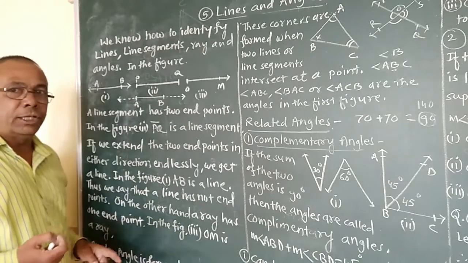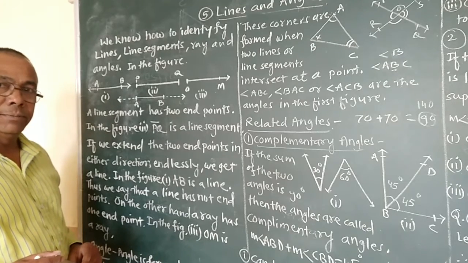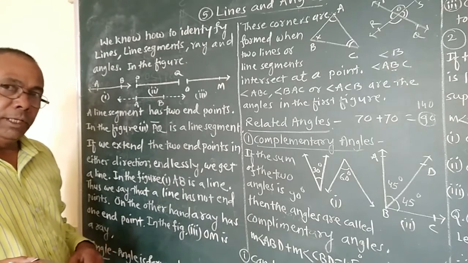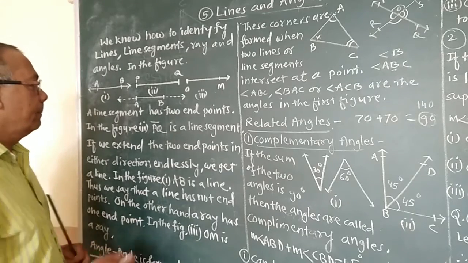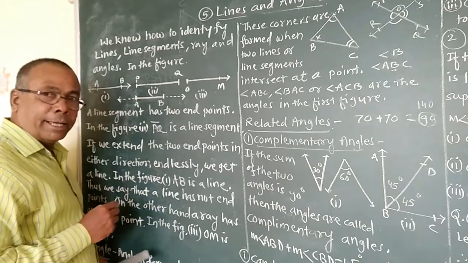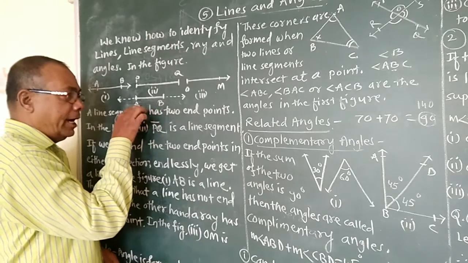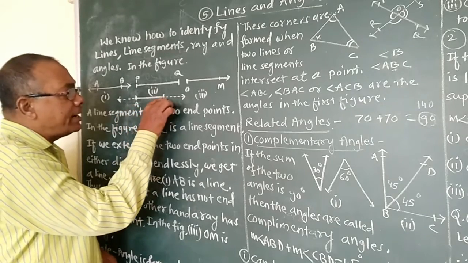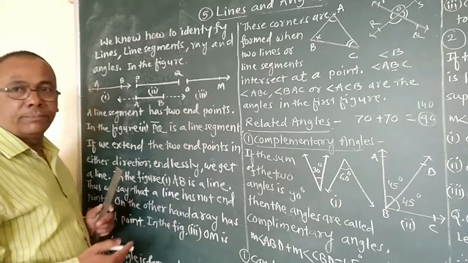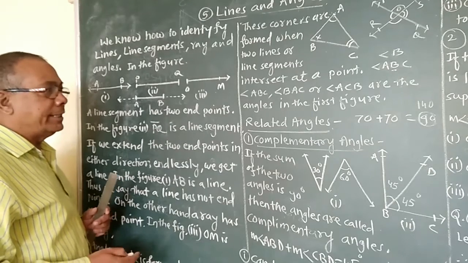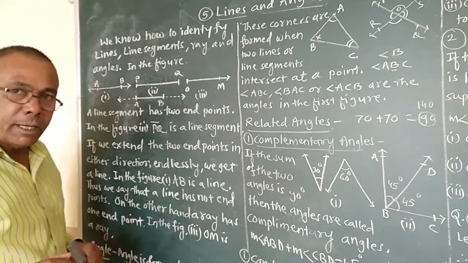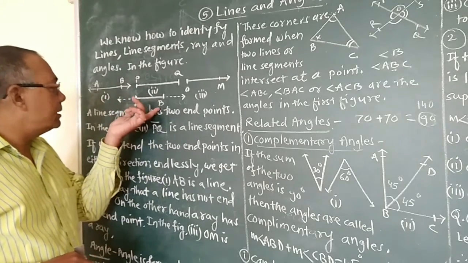If we extend the two endpoints in either direction endlessly, then we get a line. Here, let AB be a line segment. A and B are the endpoints, and if we extend these endpoints on both sides endlessly, then it becomes a line. So AB is a line.